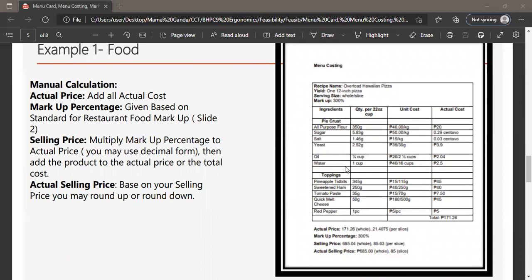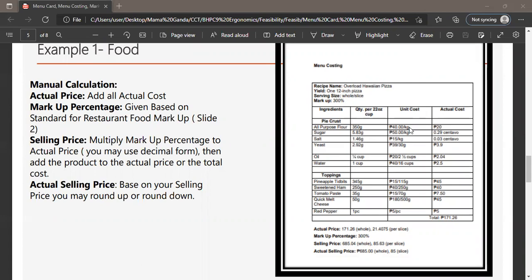So let's go now with the actual cost. Before you compute for the actual cost, you need to know the quantity of each and every ingredient that you will use in your recipe. Let's see, for example, the sugar. You need to have 5.83 grams when you make the overload Hawaiian pizza.